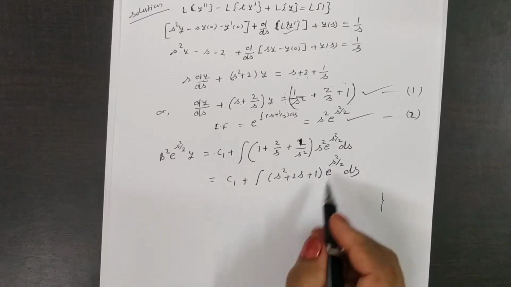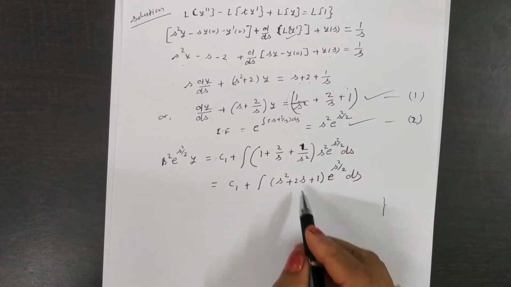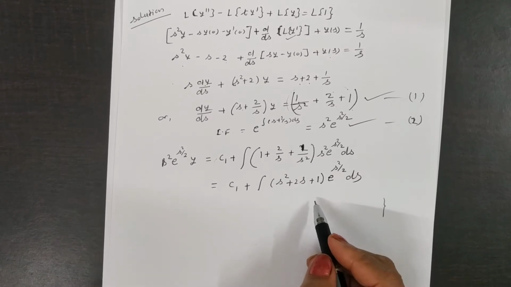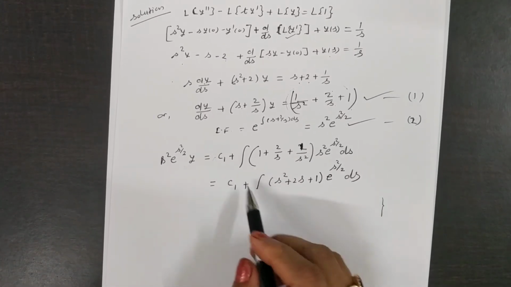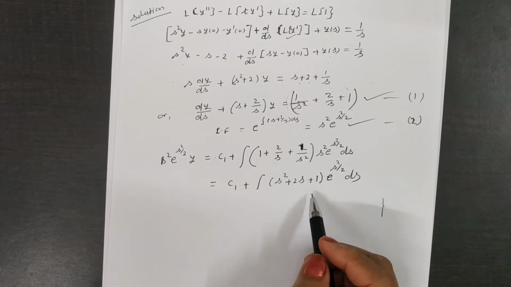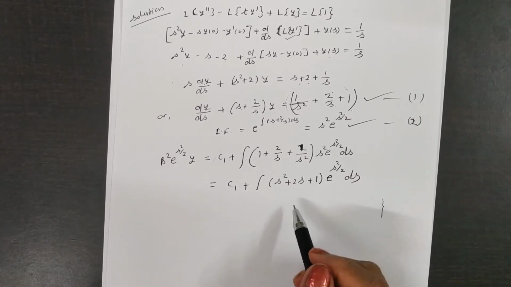Now you can solve this integral by the earlier methods, by substitution, with the constant c1 kept.